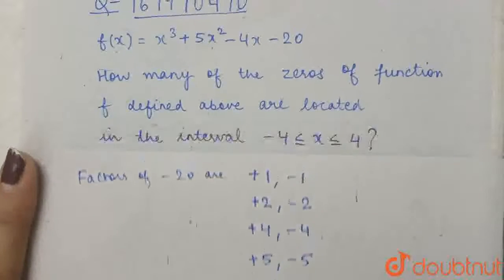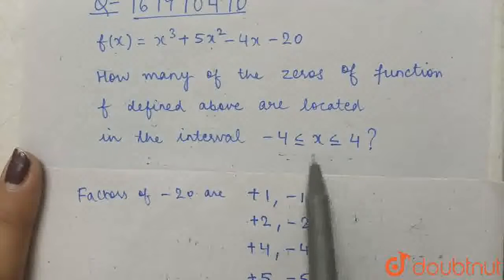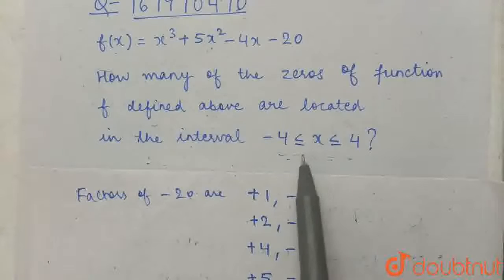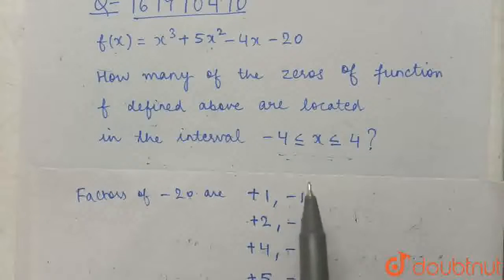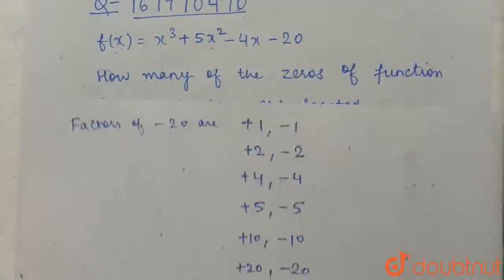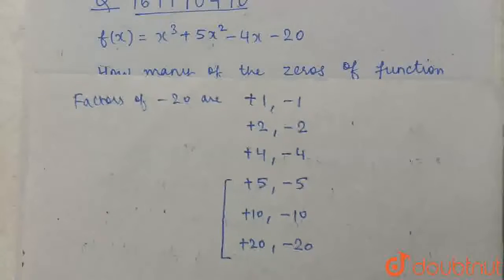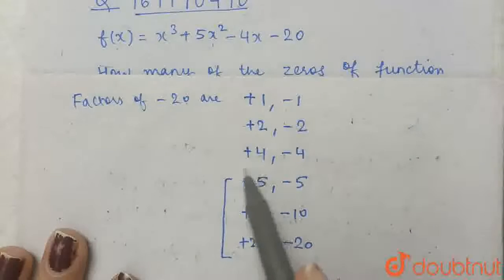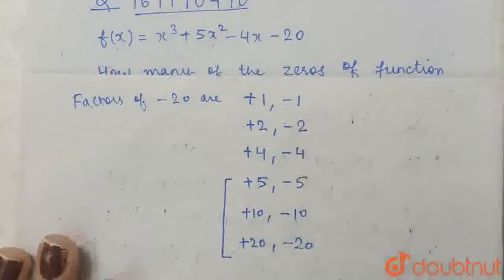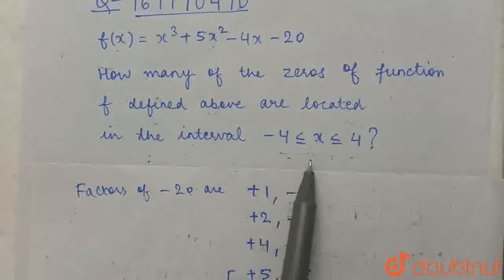But we are required to find the zeros in this interval. That is, the x should lie between minus 4 and 4 or equal to minus 4 or equal to 4. So we will not consider these plus minus 5, plus minus 10 or plus minus 20. We will consider only the values of x up to plus minus 4 because the condition is given in the question, that is x lies between minus 4 and 4.